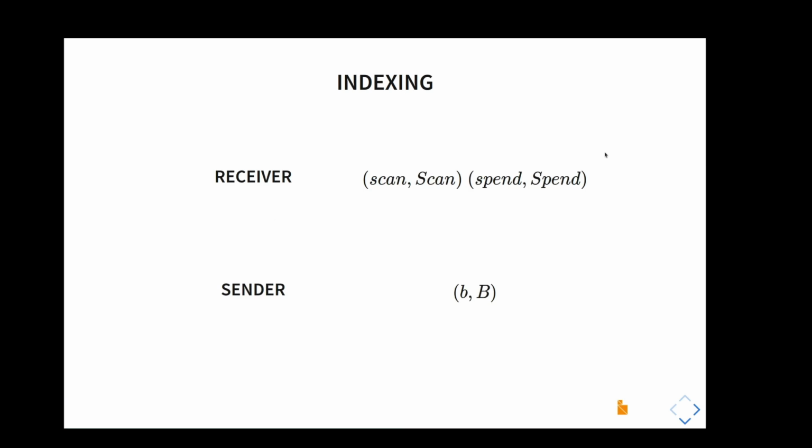So what I showed you before, that we were using the receiver scan and spend keys, and the sender just has this simple key, is in fact a combination of all the private keys and all the public keys of the inputs of the transaction.